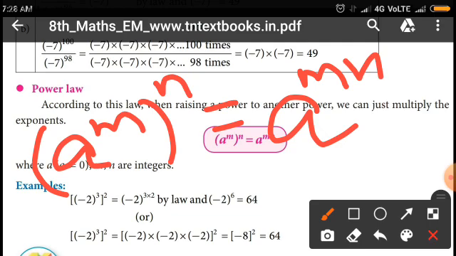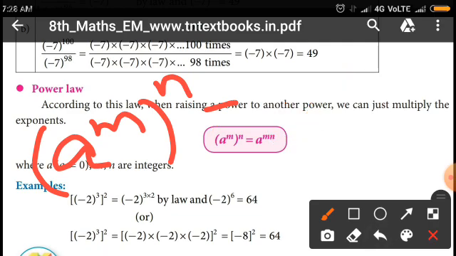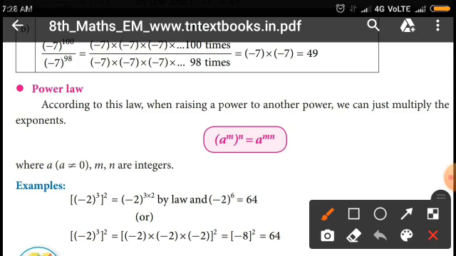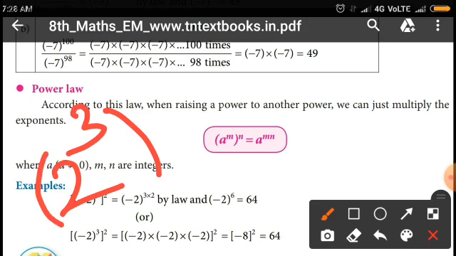Okay, for example, small examples: (2 power 3) whole power 2, that is equal to 2 power 3 into 2.